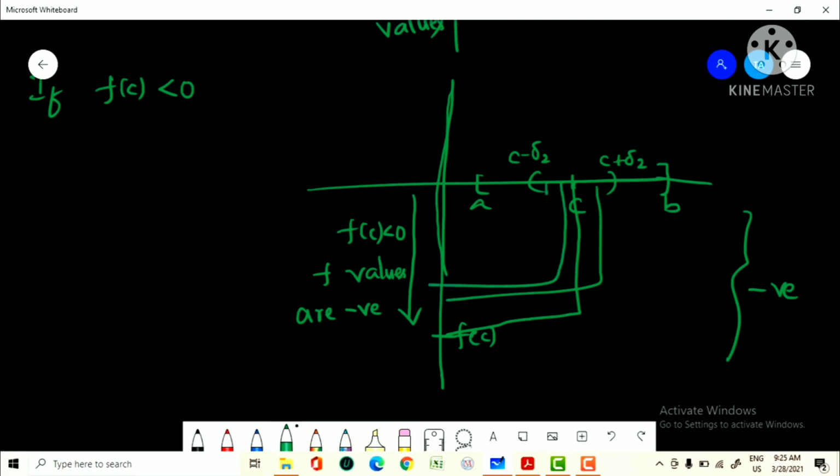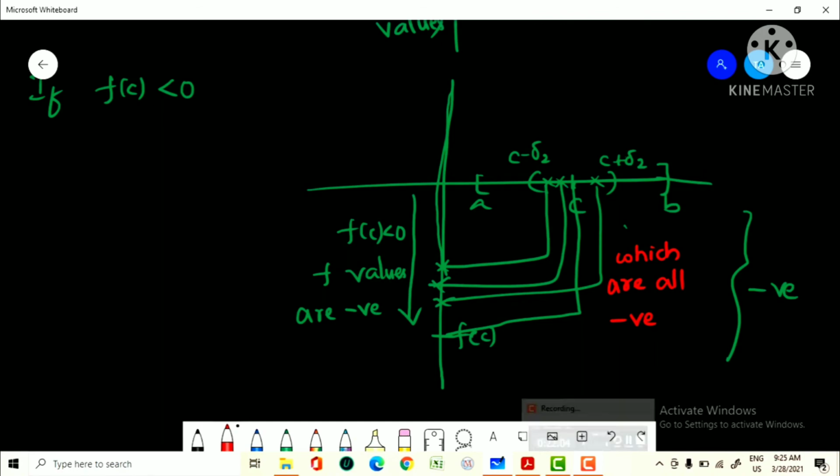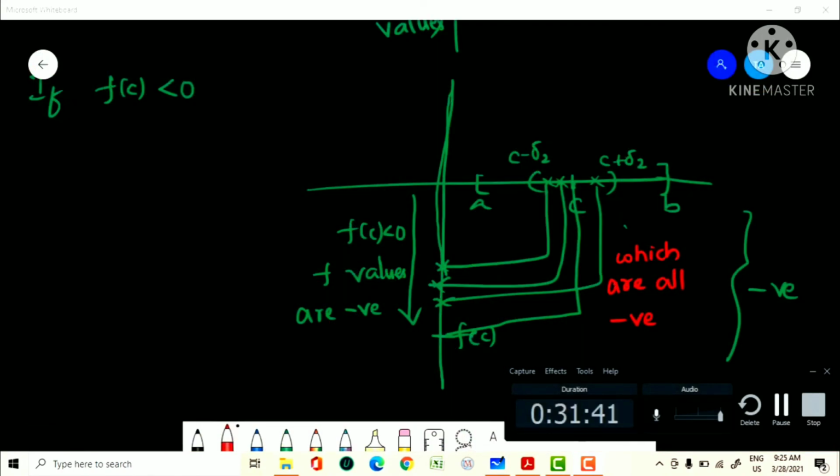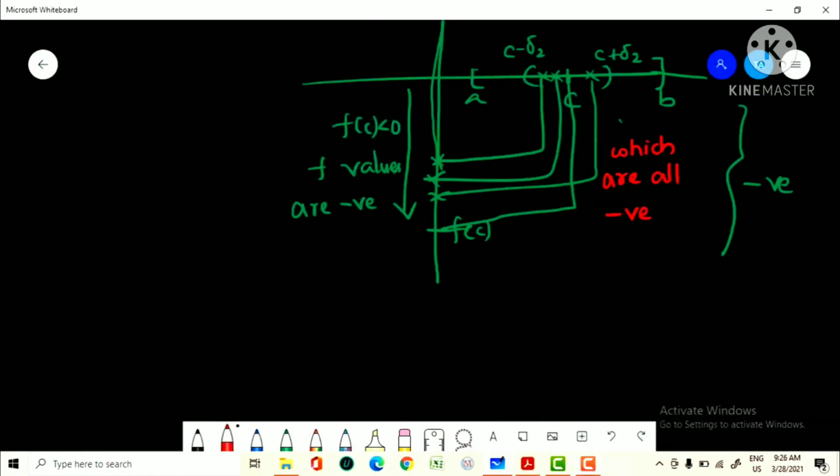For this x value you will get y value like this, which are all negative.